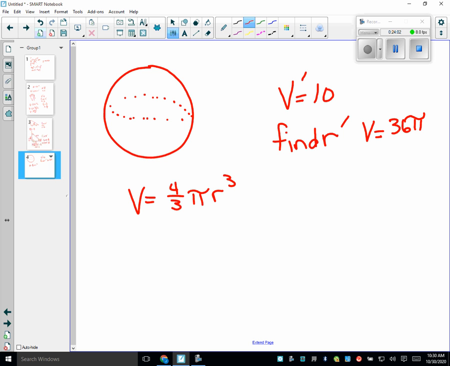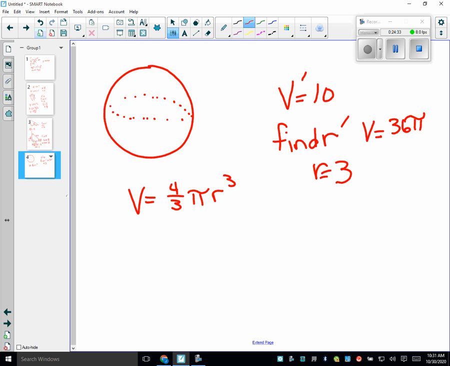And if I know V, can I solve for R? That's what I did. What's the problem? So what did you get R to be? I got 3. It came out perfect. I was like, holy cow. How nice is that? So R is 3.